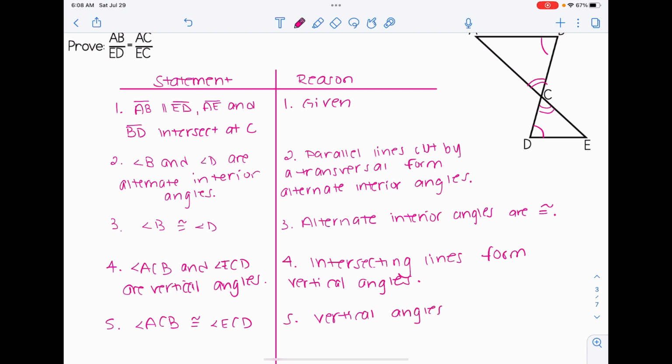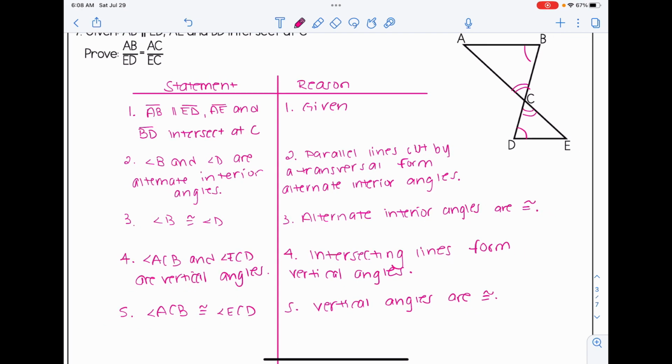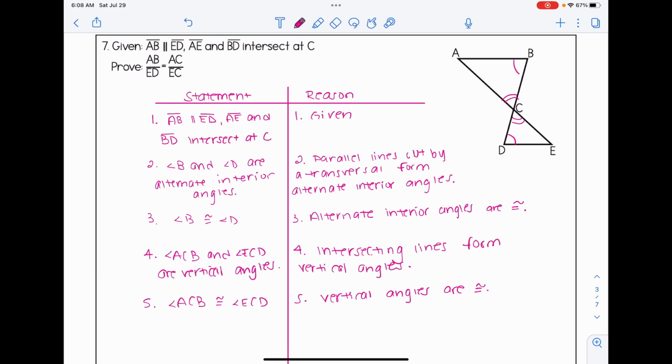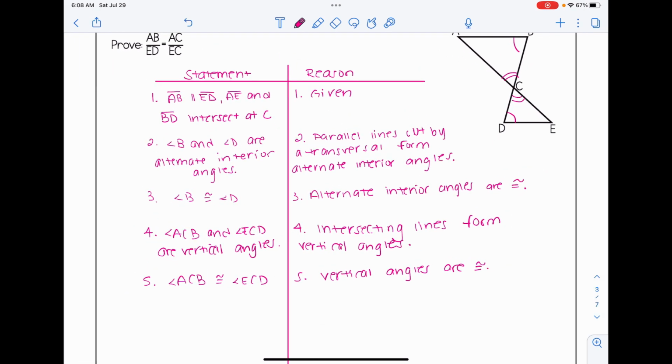All right, so if you look at your picture and you look at what we've written in the proof so far, we have angle-angle. Ignore this current proof statement for a second though. Don't worry about the fact that there's a proportion here. Let's prove the triangles are similar by angle-angle regardless. So I'm going to say triangle ACB is similar, just watch your symbols here, to triangle ECD, and that's by angle-angle similarity theorem.